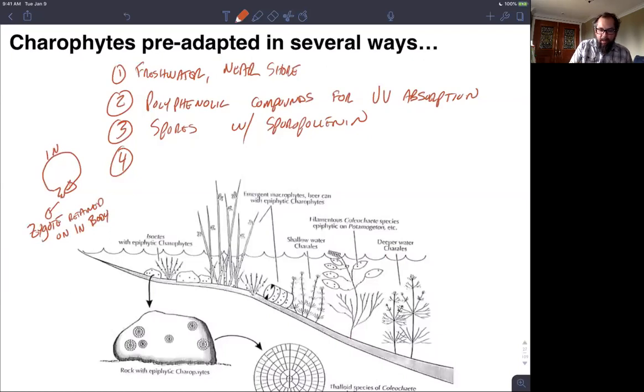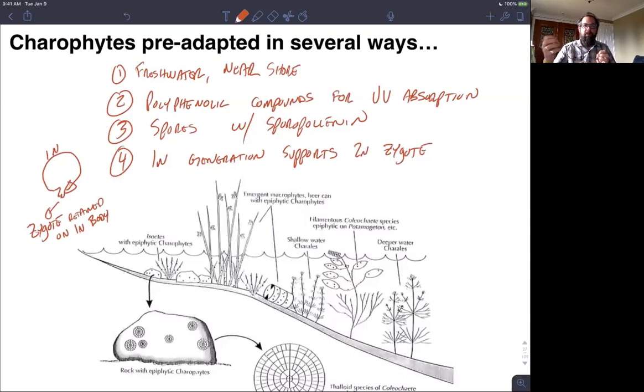And that haploid generation supporting that diploid zygote is one step away from the embryo, which is when, if that zygote were to divide into a diploid embryo, like we see in embryophytes, the land plants, one step away from that embryo being retained and supported, the embryophyte characteristic or synapomorphy, the sporophyte generation being supported by the gametophyte generation.